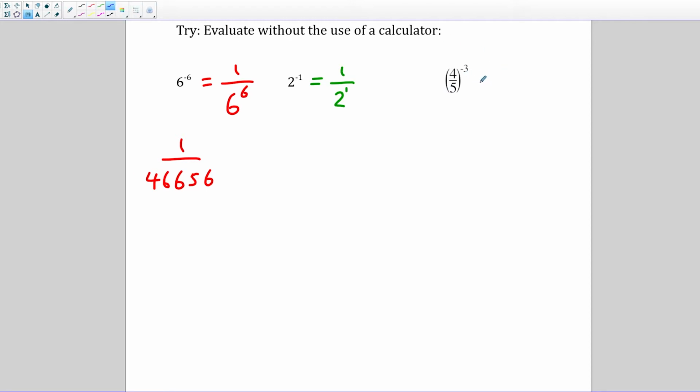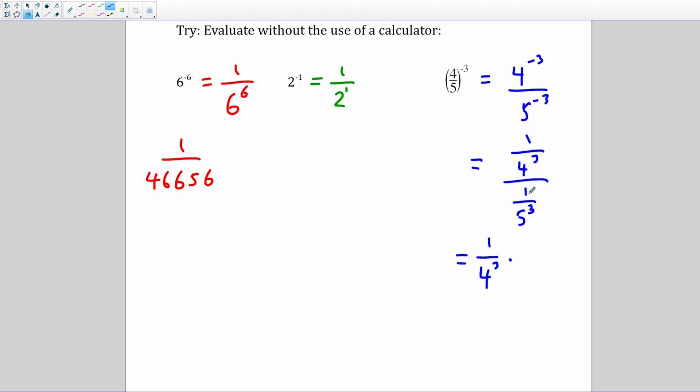Let's go ahead and do it the long way first. Since we're going to apply that negative power to both the 4 and the 5, let's do that first. 4 to the power of negative 3 over 5 to the power of negative 3. This would be the same thing as 1 over 4 cubed divided by 1 over 5 cubed. Since we're dividing two fractions, I'm going to take my top fraction here, and I'm going to multiply it by the reciprocal of my bottom fraction.